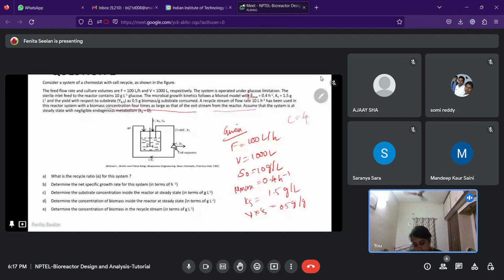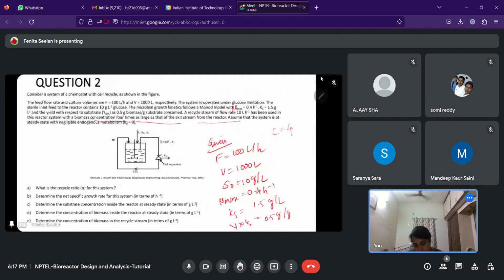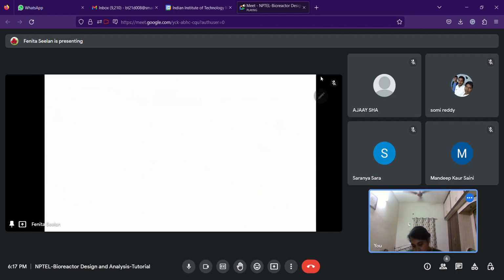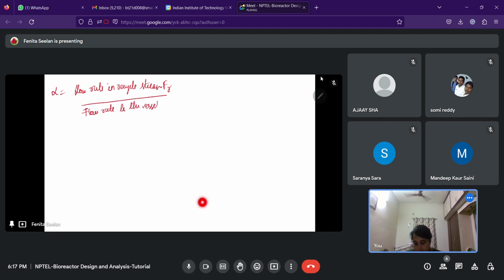So the first question is, what is the recycle ratio alpha for the system? Let's start solving that. Alpha is given by the flow rate in the recycle stream divided by the flow rate to the vessel or reactor.